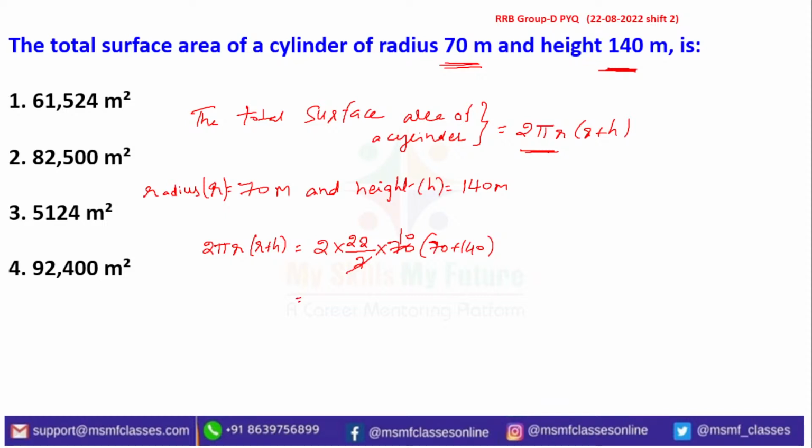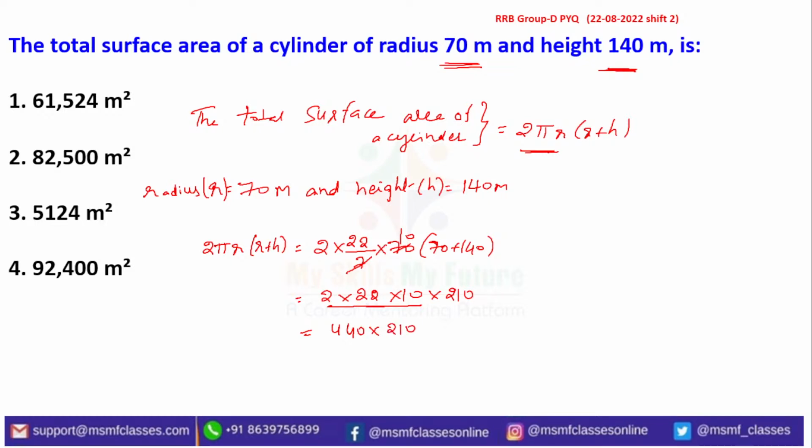See here, 2 into 22 into 10 into (70 plus 140), that is 210. So 2 into 22 is 44, 44 into 10 is 440.